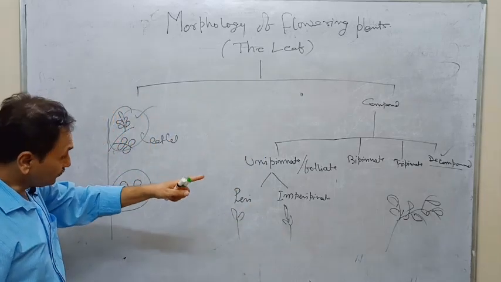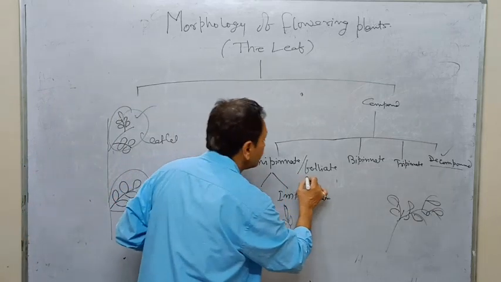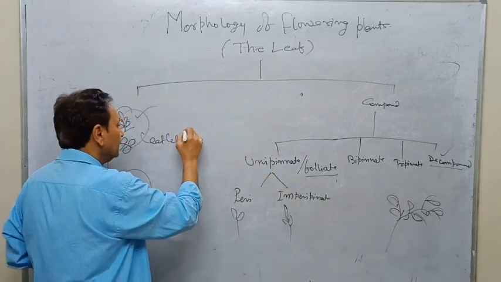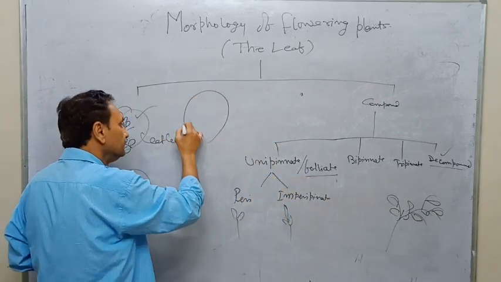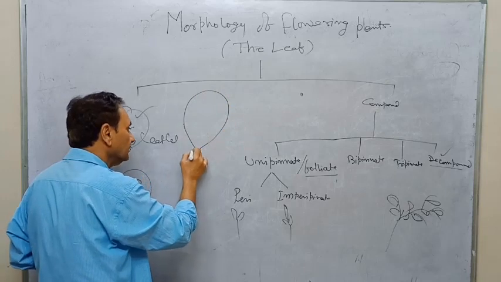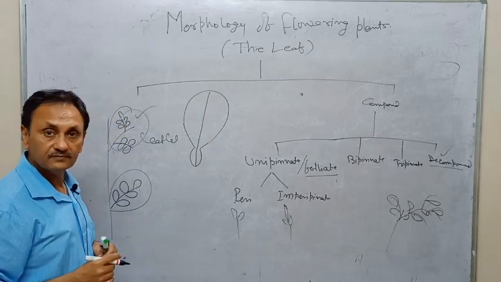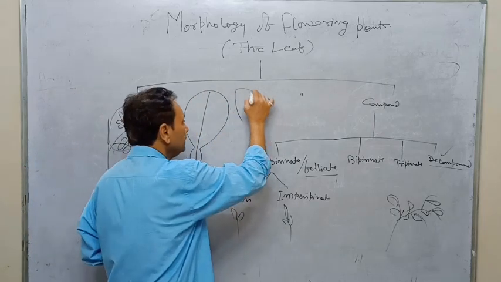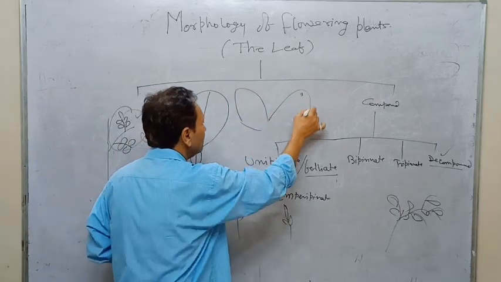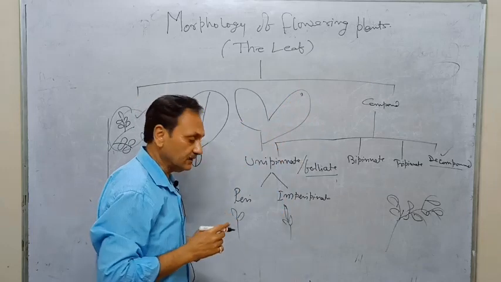Now in case of this one, if there is a foliate, then one leaf having a small leaf is called unifoliate. If a palmate leaf is like this, that is called bifoliate.